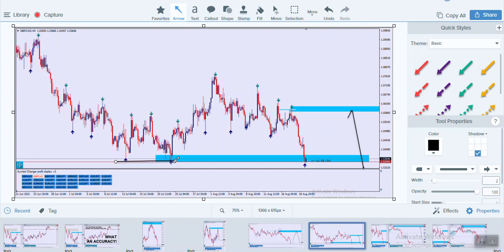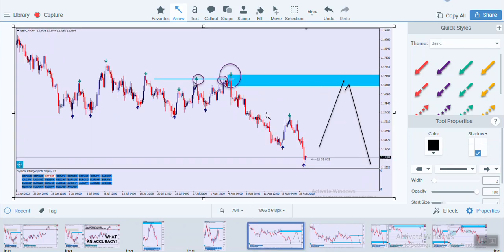There's a kind of equal lows from here. Price has taken those equal lows out, so I'm expecting that price will come back to this level of this rejection, then we drop. So I'm looking at GBP CAD and GBP CHF for a sell for the week, for entry.